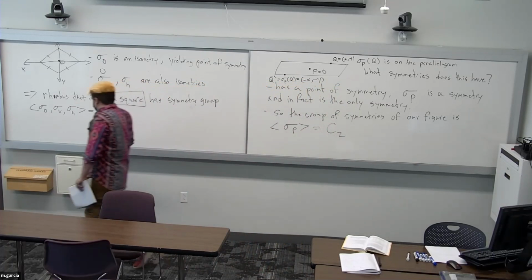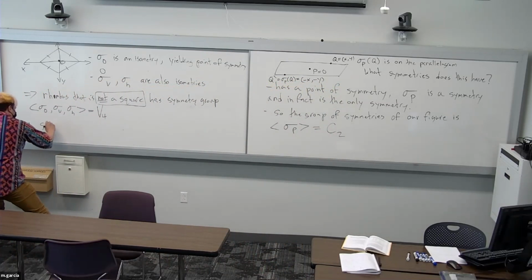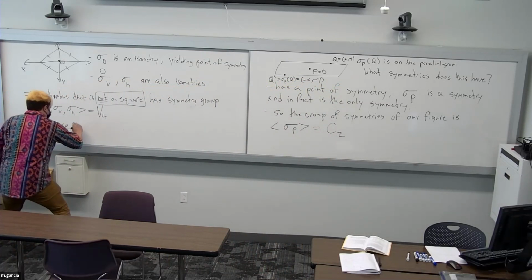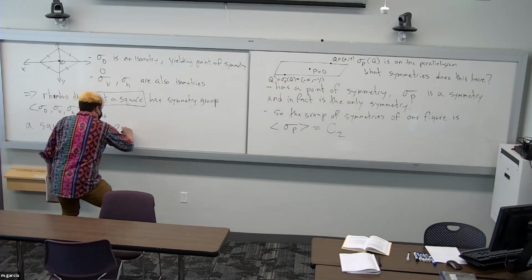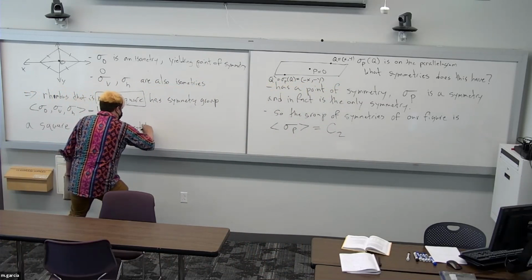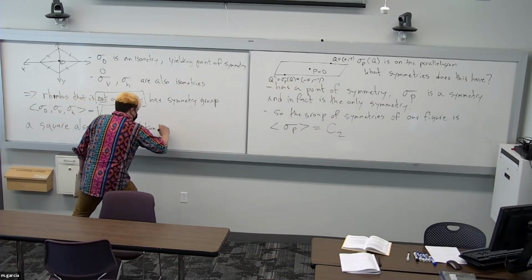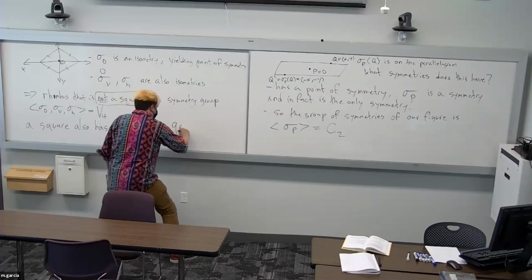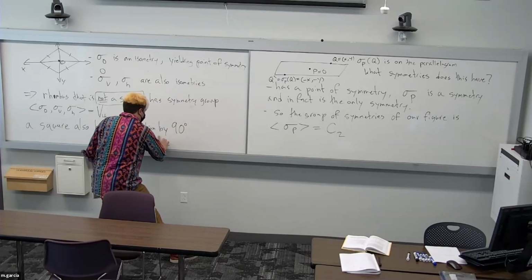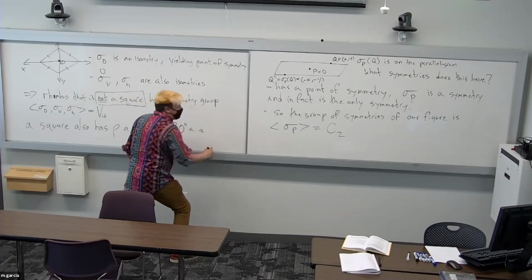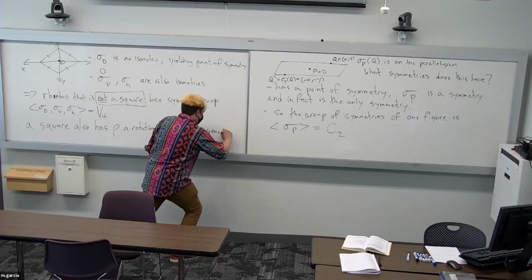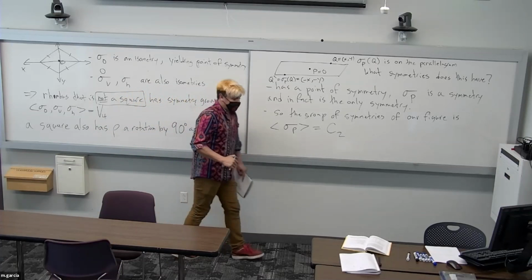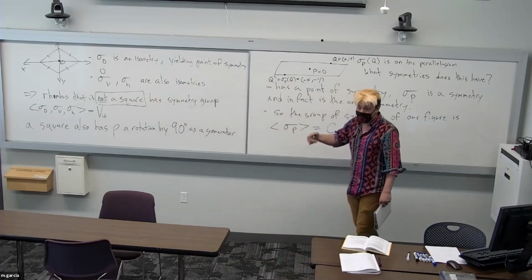So a square also has a rotation by 90 degrees as a generator for a symmetry group. So its order is more than 4.